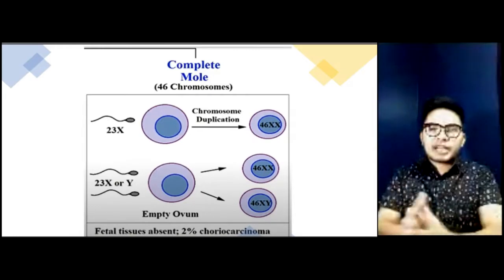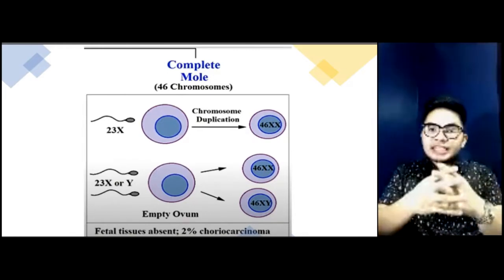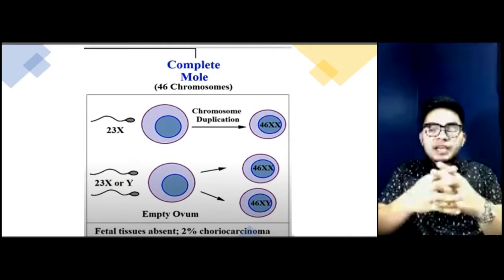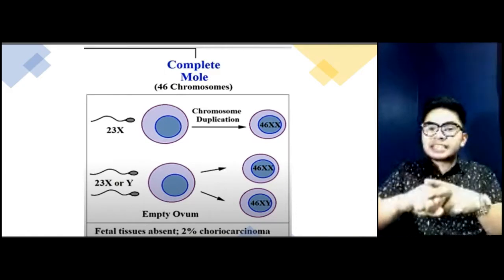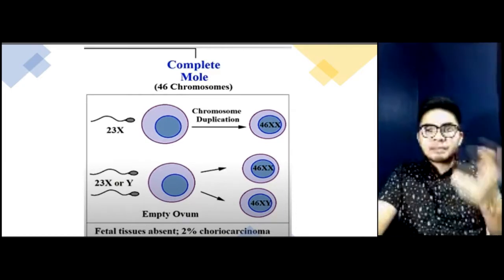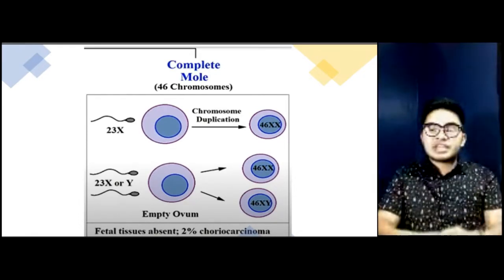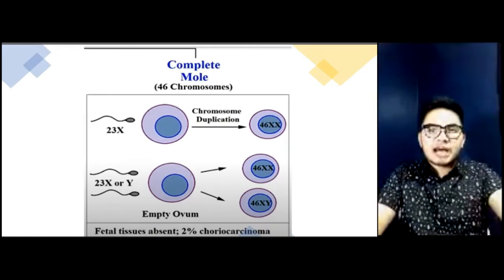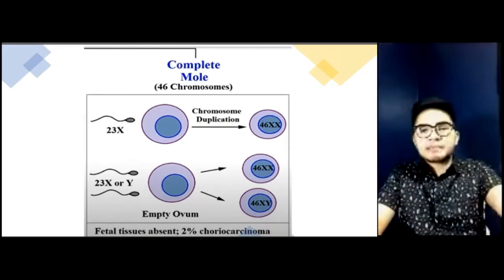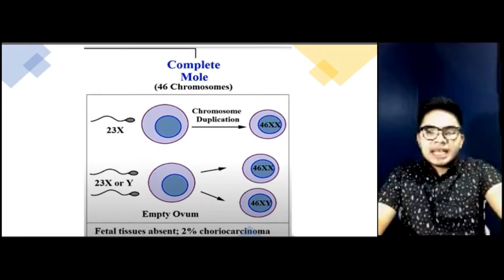In the partial molar pregnancy, both egg and the sperm contribute 23 chromosomes. But two sperm fertilize an egg. That is why it becomes 69 in total sa partial molar pregnancy. Okay? As I have said earlier, in complete mole, fetal tissue is absent, the egg is empty, all chromosomes come from the father. So here, makikita po natin, there is a risk, there is a probability that the female would have choriocarcinoma.